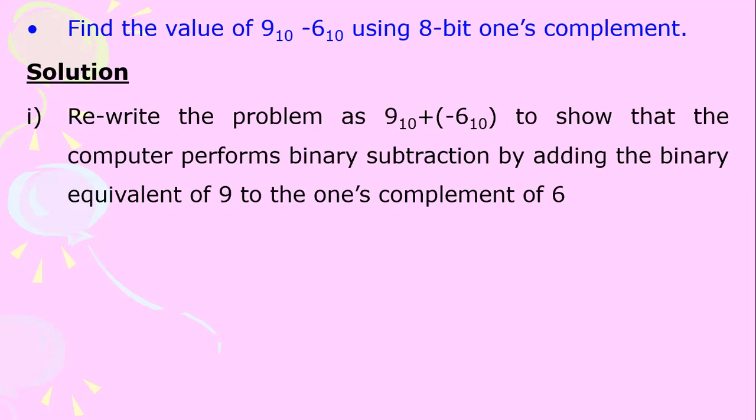Number 1, rewrite the problem as 9 plus minus 6 to show that the computer performs binary subtraction by adding the binary equivalent of 9 to the 1's complement of 6. Remember, the computer performs binary subtraction through addition.